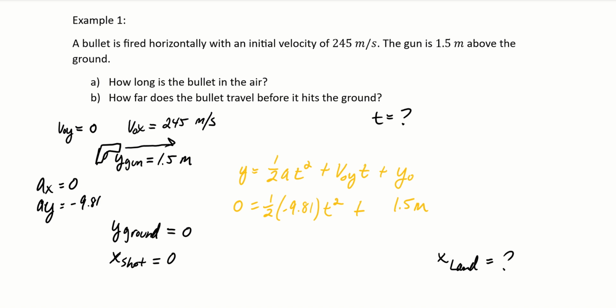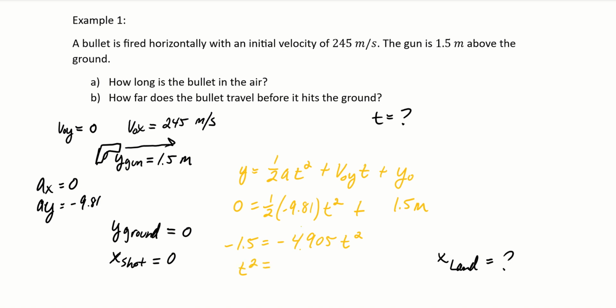So now I have enough information to just algebraically solve for time. I'm going to subtract 1.5 on each side. So I have negative 1.5 is equal to, I'll multiply 1/2 and negative 9.81, so negative 4.905 times t squared. I'm going to divide by negative 4.905 on each side. So negative 1.5 divided by negative 4.905 is 0.306.